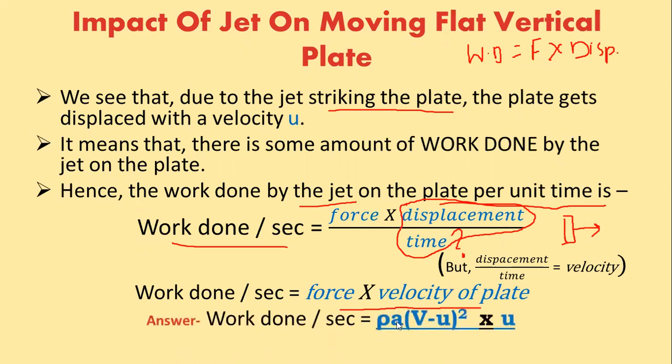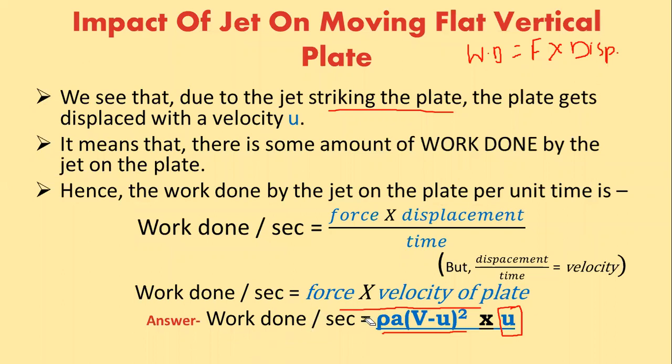And as the plate is moving with a velocity u, work done per second will be equal to force, that is rho a into bracket v minus u whole bracket square, into velocity of the plate, which is u. Okay, have you got it?